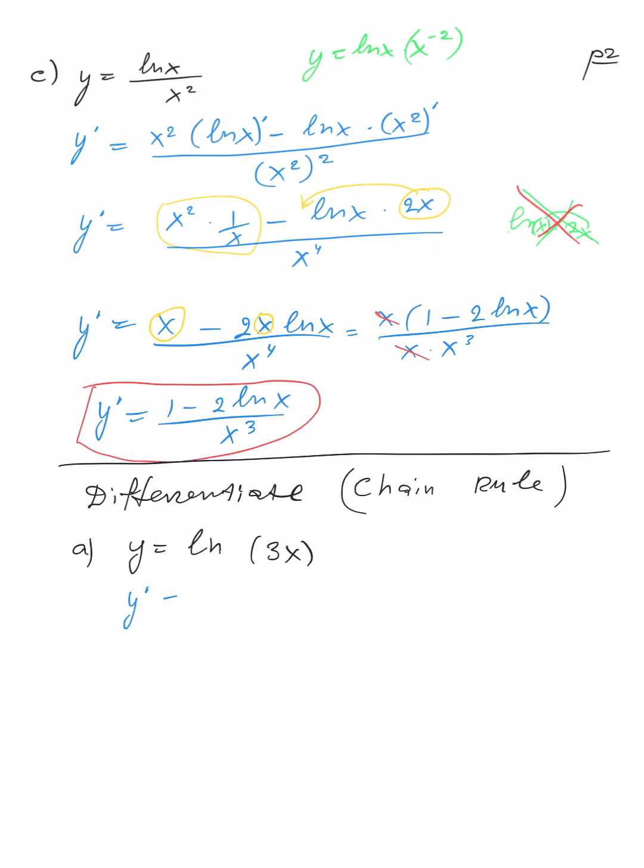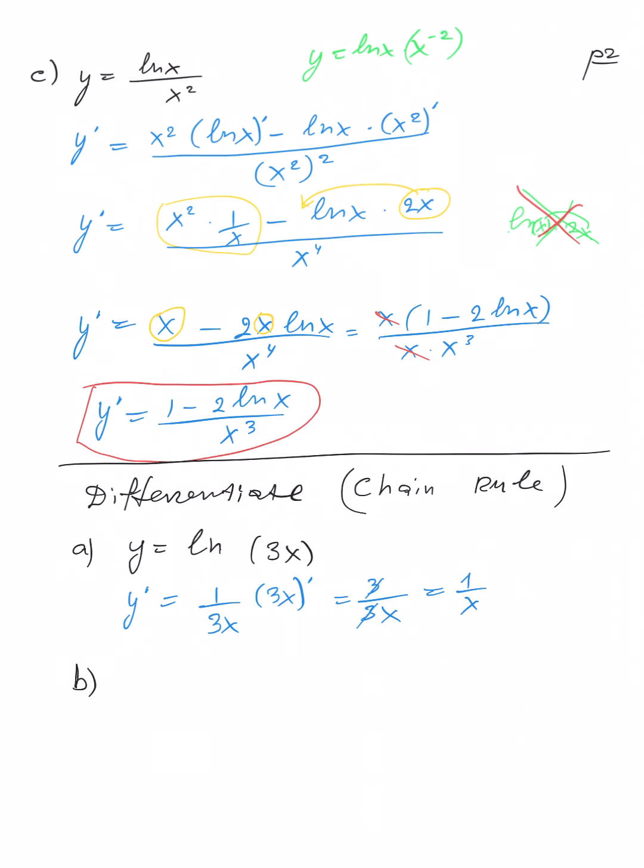So y prime is going to be 1 over 3x times the derivative of 3x, which gives us 3 over 3x. Cancel, and that gives us 1 over x. Okay, let's take a look at another example.